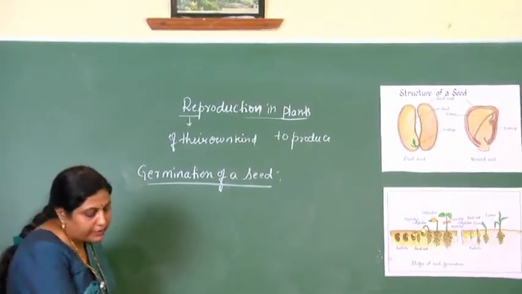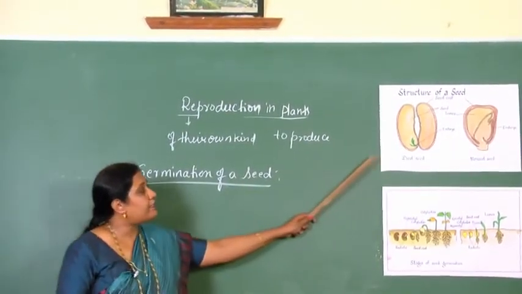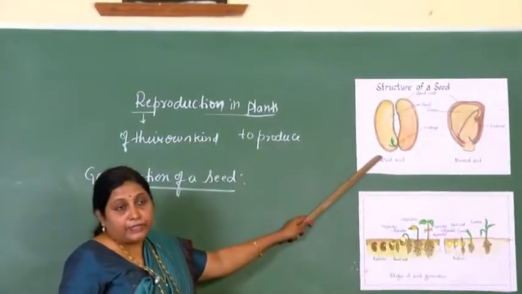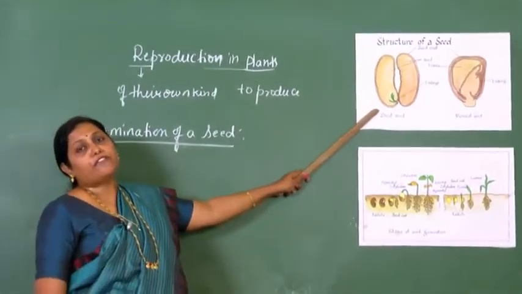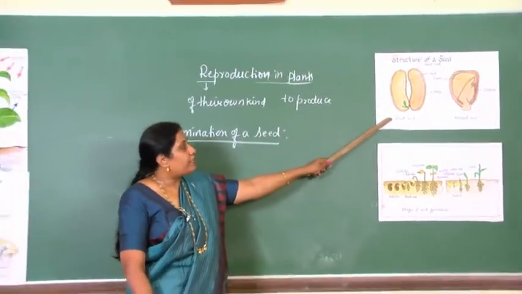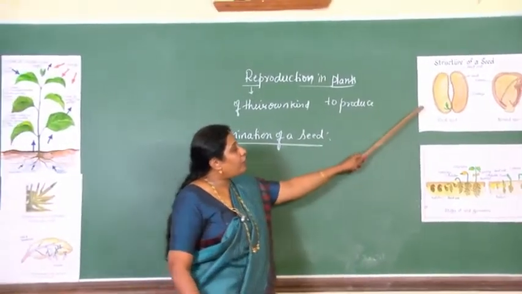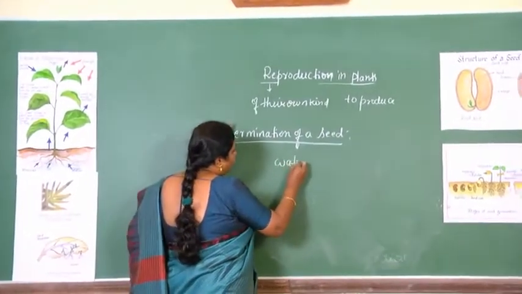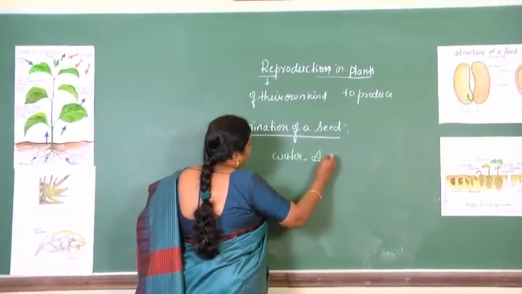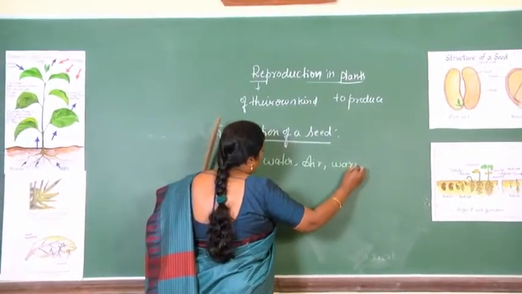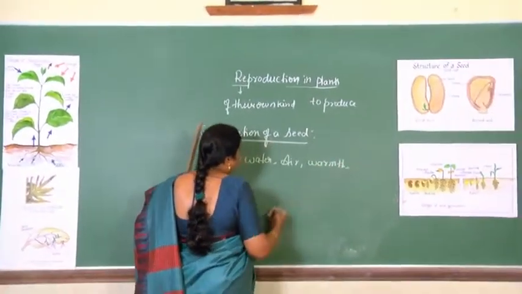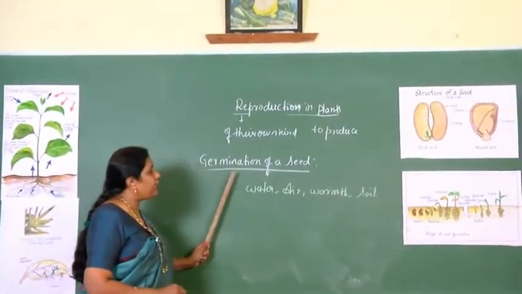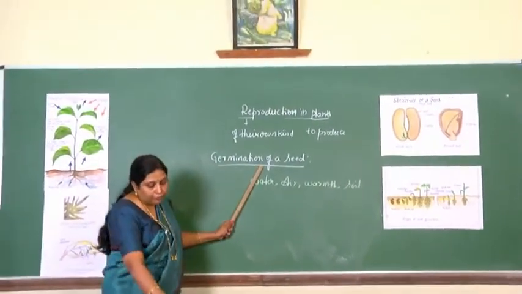Here, not all seeds can grow into a plant. Only seeds which have all the favorable conditions like water, air, warmth, and soil can grow.